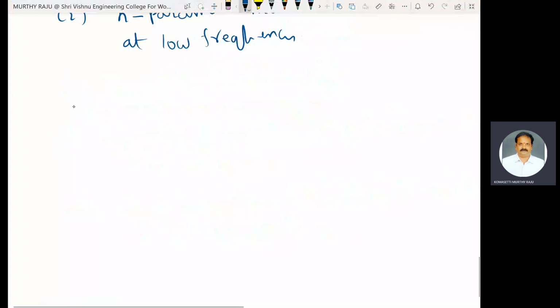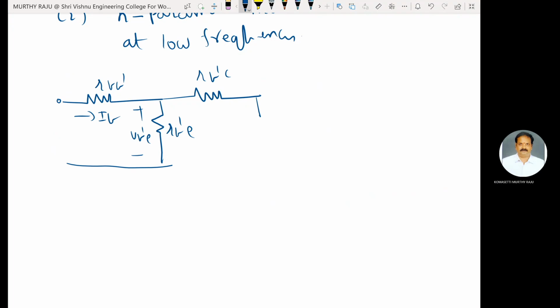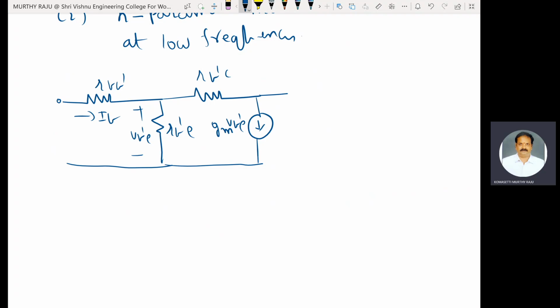First model is a hybrid pi model. This one is RB dash E, this one is base current IB, VB dash E, RB dash C, GM into VB dash E, this one is RCE, and one is emitter.